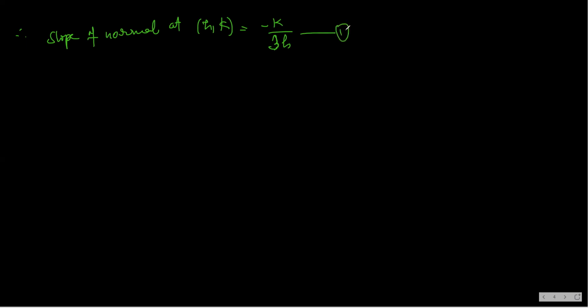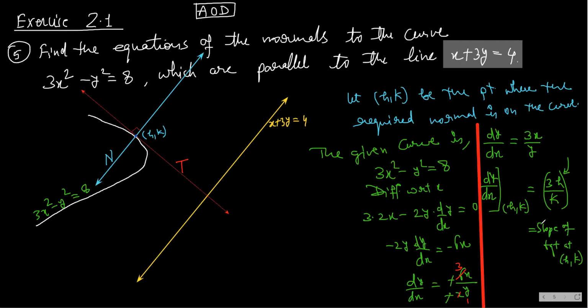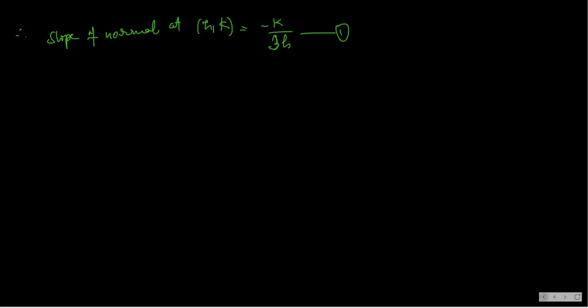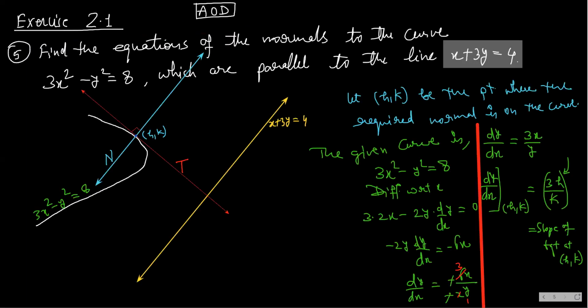Now check. Students, you got the slope of normal as -k upon 3h. But remember one thing, that this normal is parallel to this line. You see this line? It is parallel to this line. If the normal is parallel to this line, what does it mean?